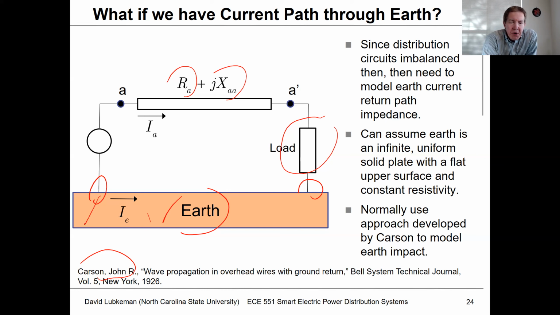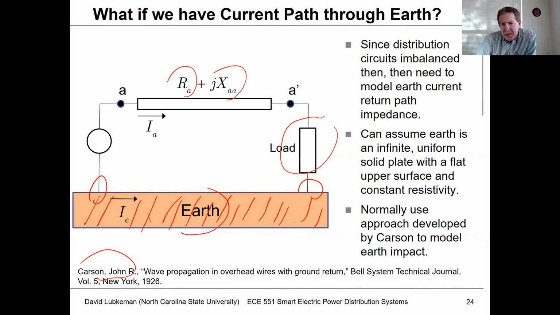We assume that Earth is basically a big flat plate underneath a power line. So you're assuming it's an infinite uniform solid plate that has a constant resistivity. Now there are other more complicated ground models, but this is the one that typically gets used for distribution analysis.